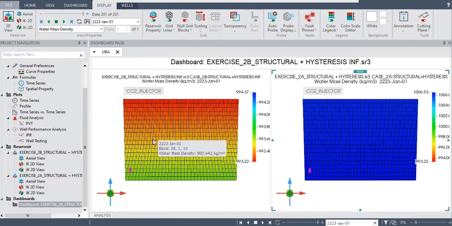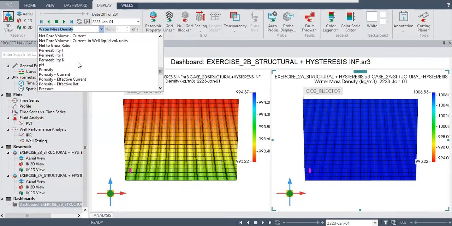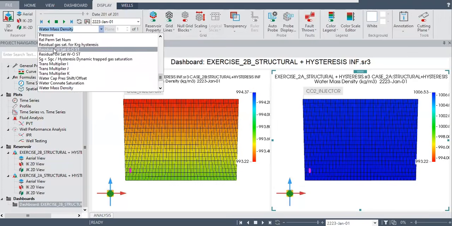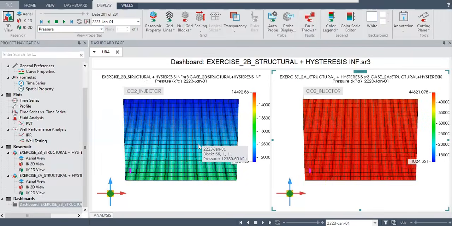Okay. Yeah, because we have higher pressure again on the right compared to the left. If we go to pressure again, we can also see the difference. On the left, we still have 12,000. On the right, we already have 44,000.